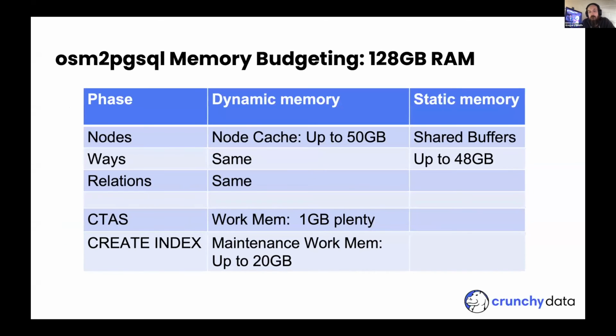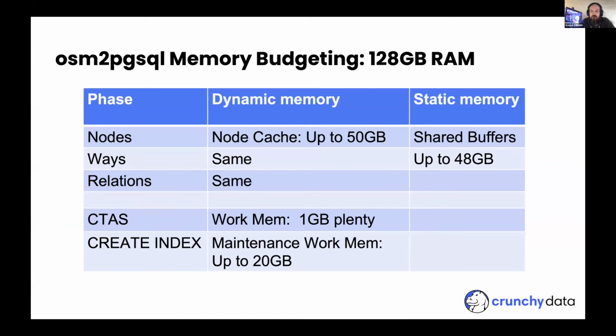Memory budgeting, as I was just mentioning. You have static memory you give to Postgres. This does improve if you can get that up to 48 gigabytes. It kept improving the whole way. There's some inherent scaling issues in shared buffers. Some other people have even noticed them. 48 gigabytes is kind of where things roll off, so we don't want to go higher than that.